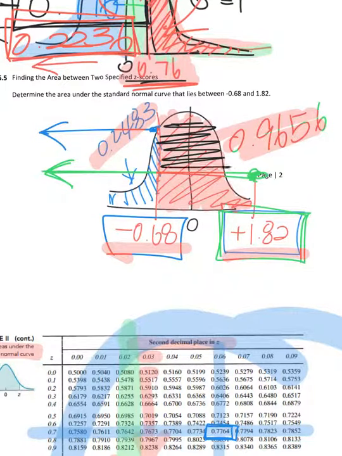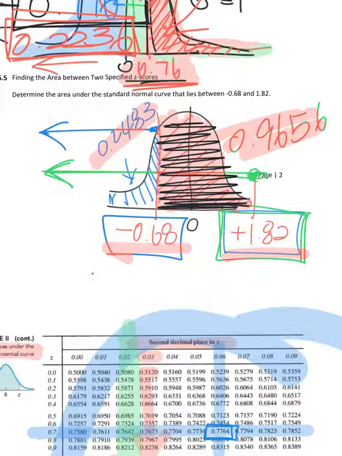Subtract them. How? Take the 0.2483 away from the 0.9656. Thank you. We can take the subtraction, the bigger one minus the smaller one. Always take the bigger one minus the smaller one. Do you know why? Because any probability must be positive.